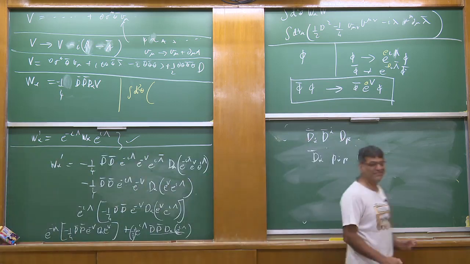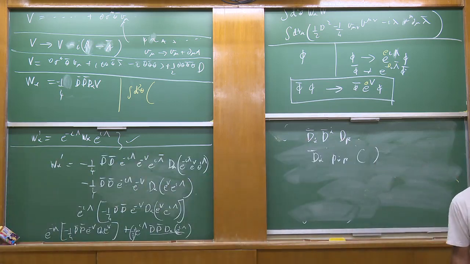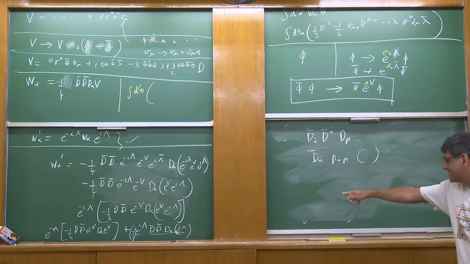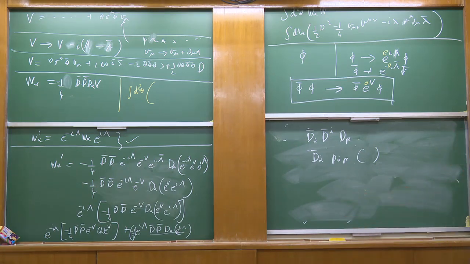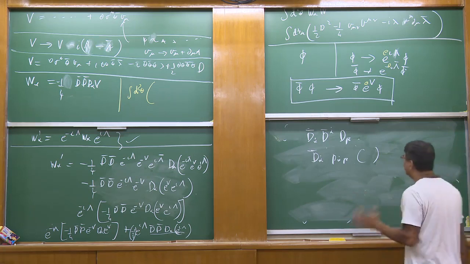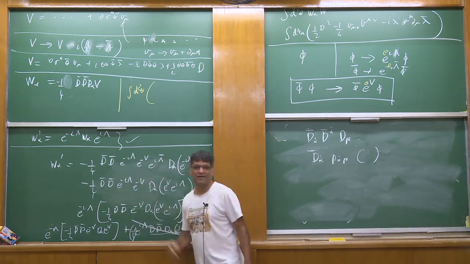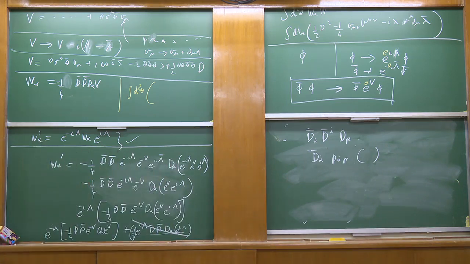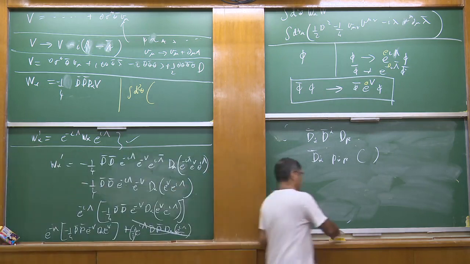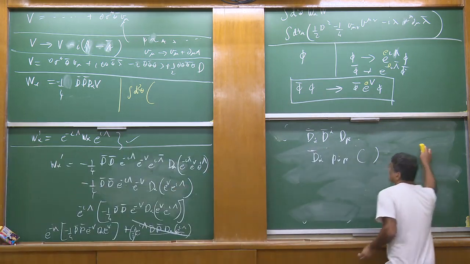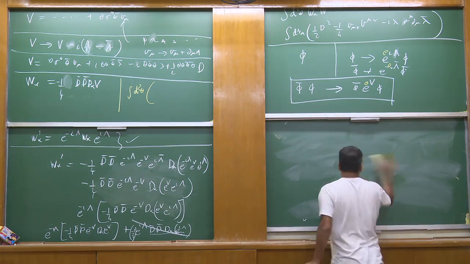It's a very good argument. As you say, the key point here is that it's acting on a chiral superfield. So d bar d acting on a chiral superfield is 0, so this part is 0, and therefore we have the result we want. Wonderful, excellent. So we're all good.